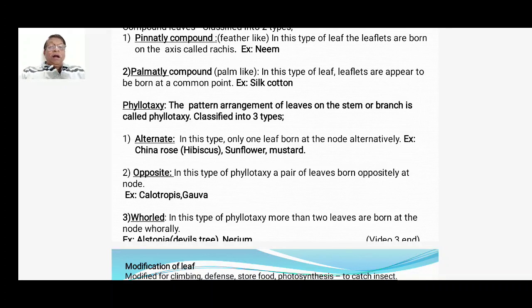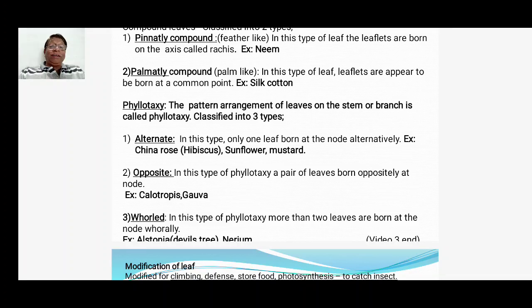In hibiscus, only one leaf is born at the nodal region. Alternatively, it is called alternate phyllotaxy. Sometimes we call it a spiral phyllotaxy.